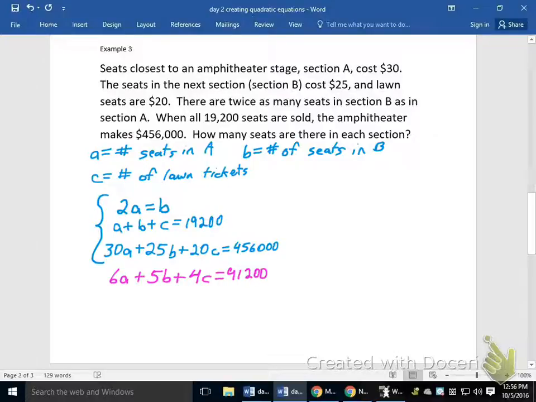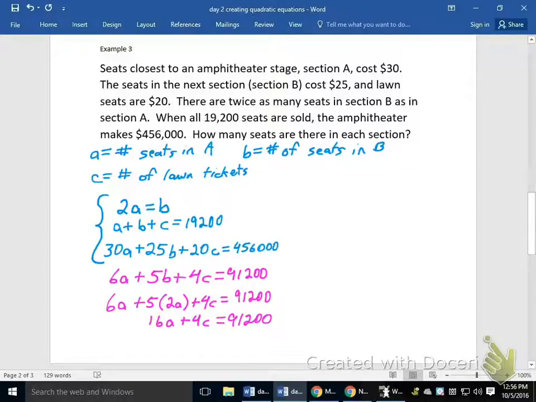Again, I took every single part there and just divided it by 5 to make the numbers smaller. Now I'm going to replace B with 2A both here and in this equation. So 6A plus 5 times 2A, and that's 10A. 10A plus 6A is 16A, plus 4C equals 91,200.